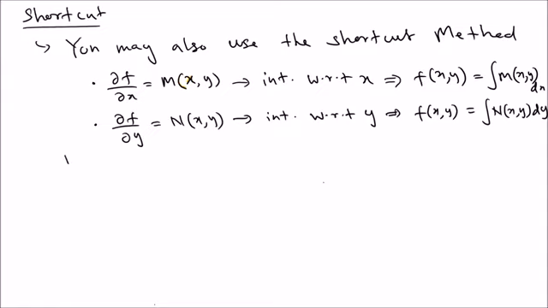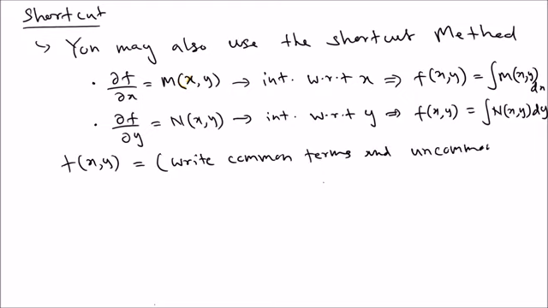So your function f is simply the common terms and uncommon terms once. So that's the argument.